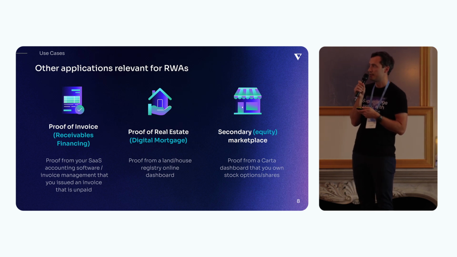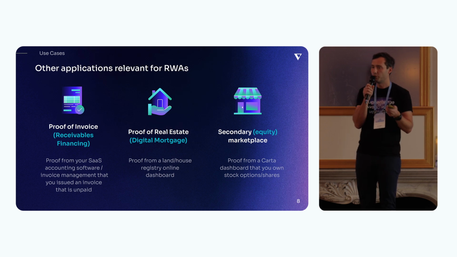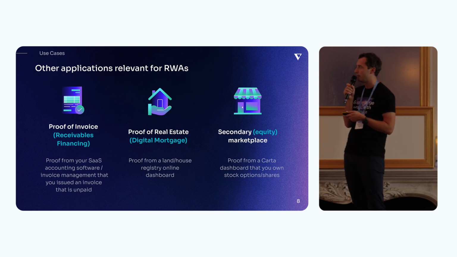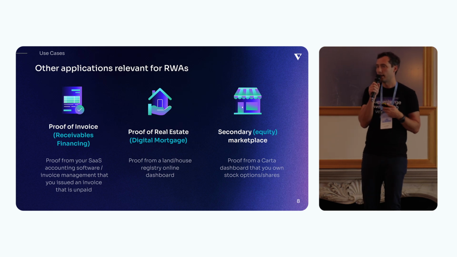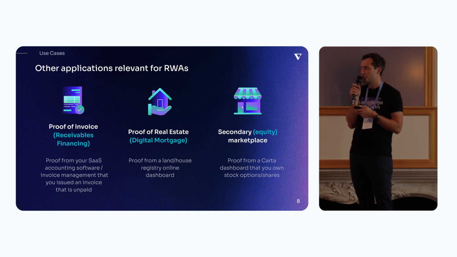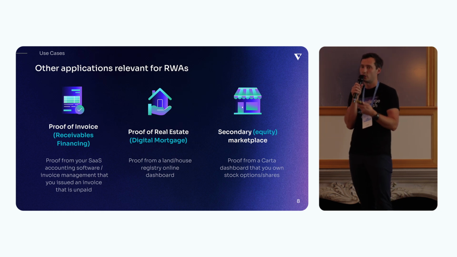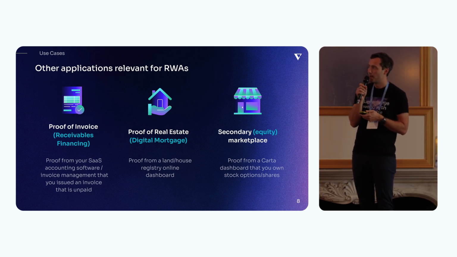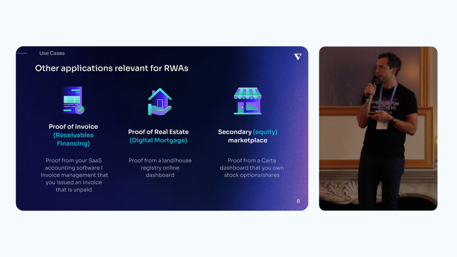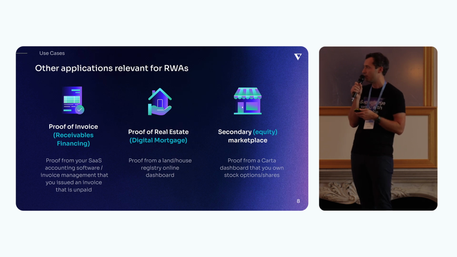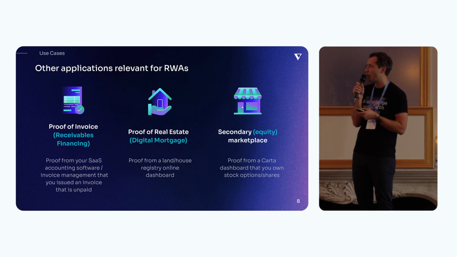Thinking about mortgages, again, a bunch of jurisdictions are already moving to having digitized versions of land and house registries. And since these are usually sitting behind HTTPS, you could use them to certify a particular real estate asset ownership and use it directly instead of dealing with screenshots or PDFs.